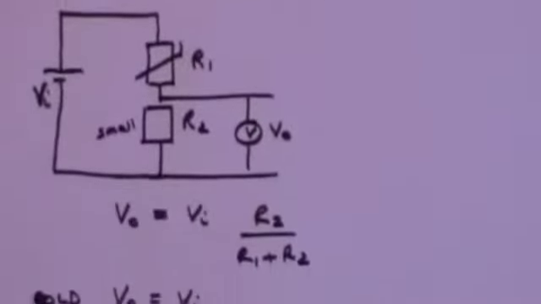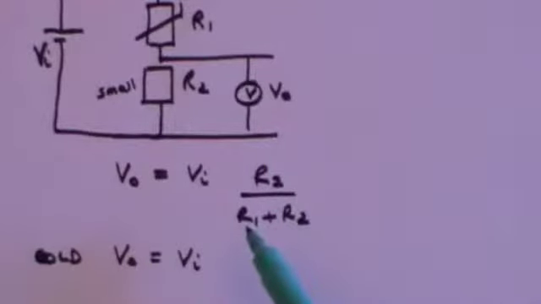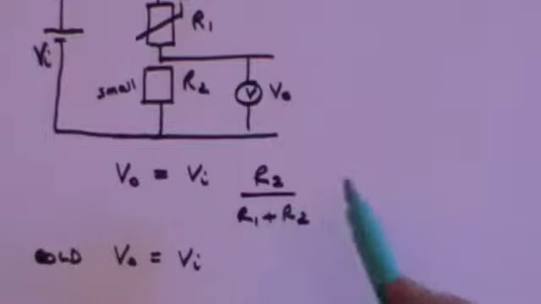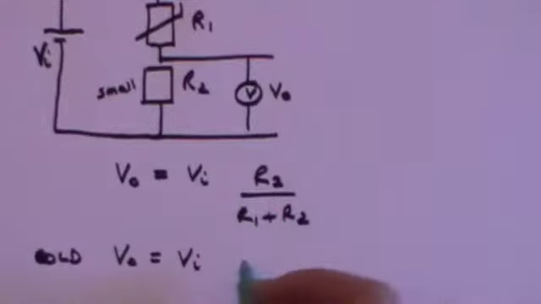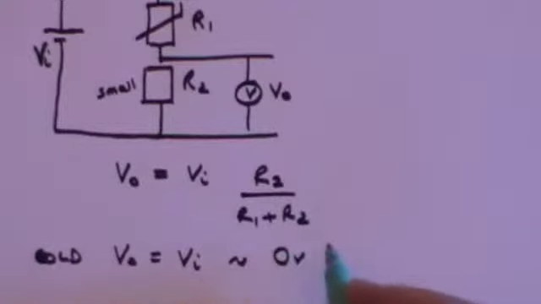So we get R2, which is small, divided by R1, which is large, plus a small number. A large number plus a small number is still a large number. So we've got a small number divided by a very large number. That fraction is of the order of 0. It's not quite, but it's very, very small, which means the output voltage will be V in times a number approaching 0. That's going to be of the order of 0 volts.